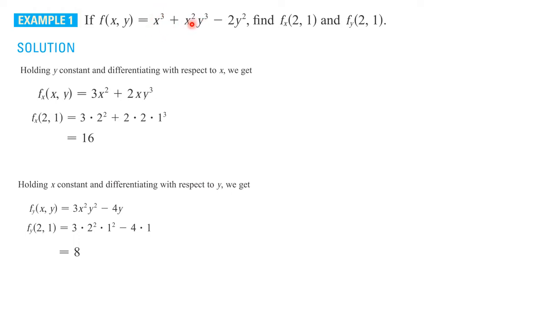The coefficient x square stays as it is, power down and power minus 1, 3y square, minus 2 times 2, 4, power down, power minus 1, 4y. Now replace x with 2 and y with 1 and simplify, and we'll get 8.